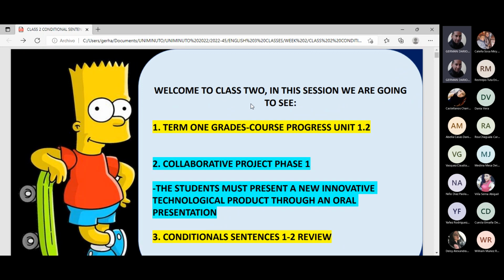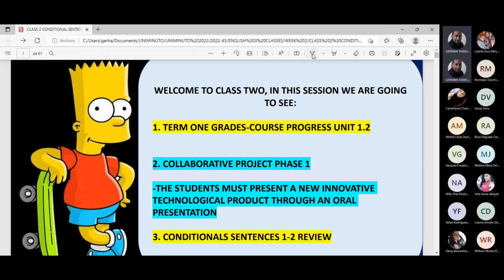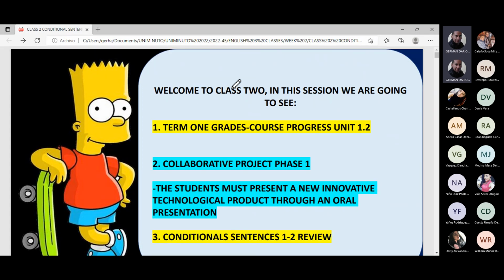Okay, welcome to class number 2. In this session, we are going to see the following issues. In point number 1, I'm going to explain to you the term 1 grades, and remember that week per week, the idea is to develop 1 unit. So this week corresponds to unit 1.2.